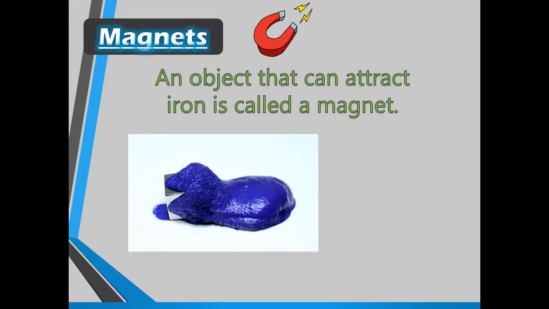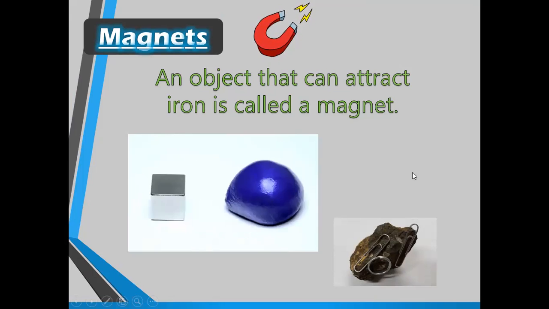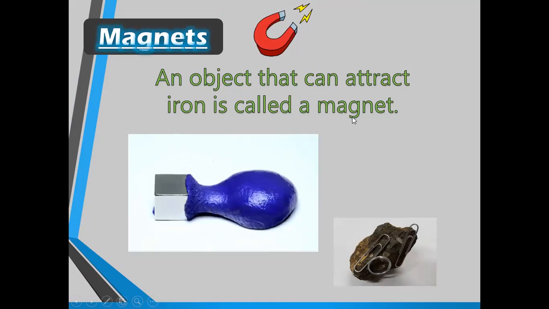An example of a natural magnet is the rock magnetite. It's also called lodestone. The attraction a magnet produces is called a magnetic field. A field is a region or a particular area which is affected by that particular force.